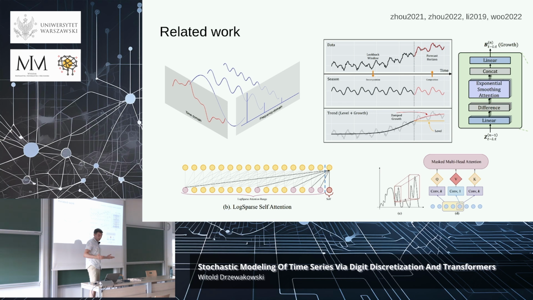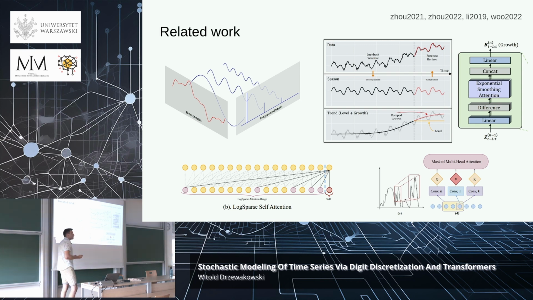But what has been done? During the first phase of applying transformers, people were trying to find newer and newer ways to inject structural biases, inductive biases, into those models.